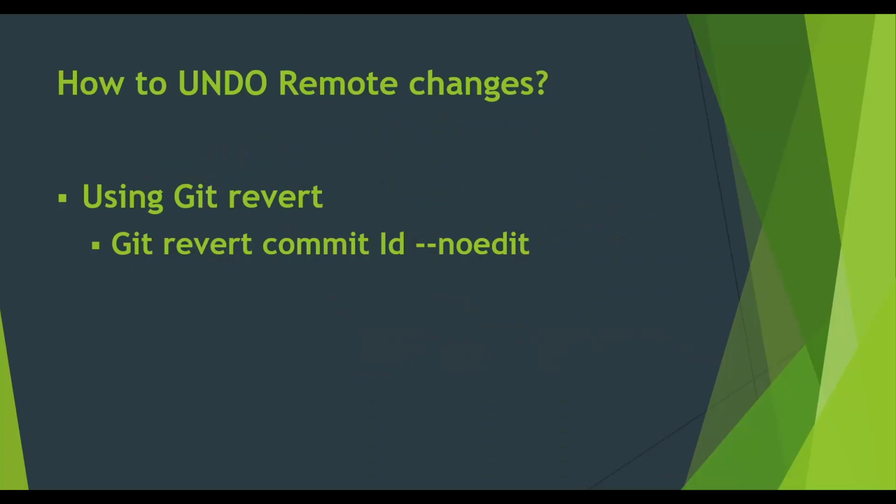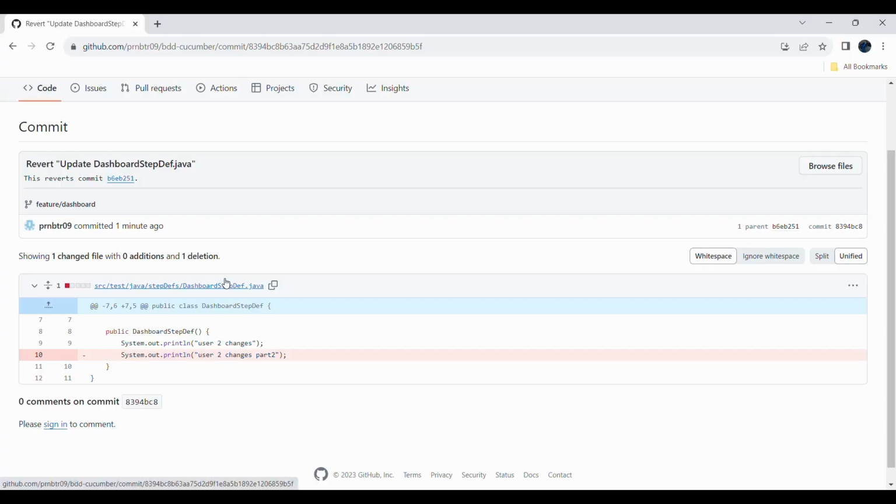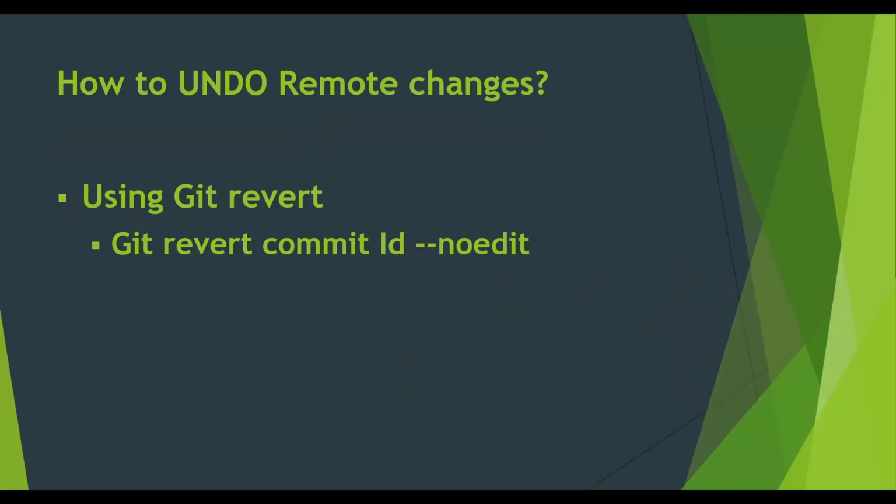So this is how we can revert the changes on the remote repository as well. In order to revert the changes on the remote repository, we will have to again create a new commit. So this is how we can revert our changes.